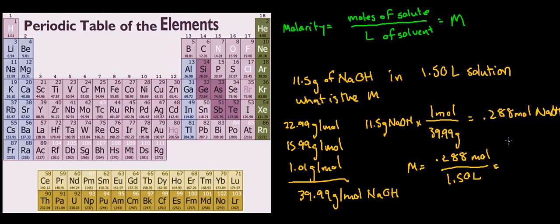And this is equal to 0.192 molar NaOH. So that's how to calculate molarity. It's very simple. It's just moles over liters.